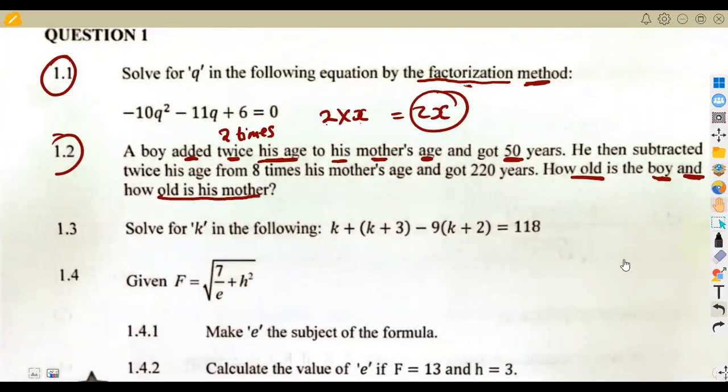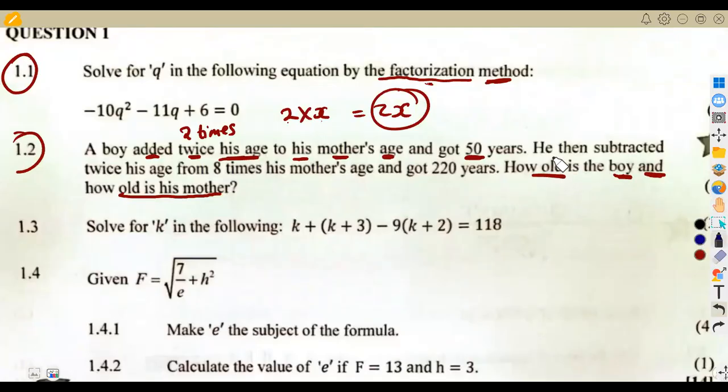Then on this part, they are saying he then subtracted twice his age, again 2 times x. But he is subtracting twice his age from 8 times his mother's age. Remember, whenever there's a times, you multiply.